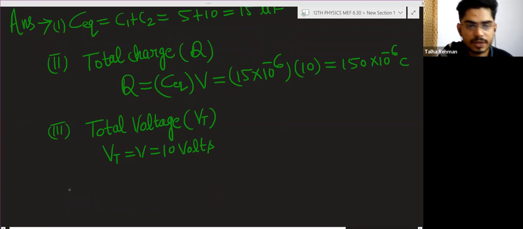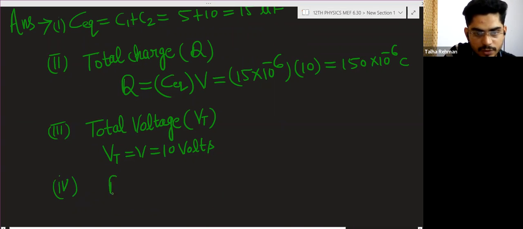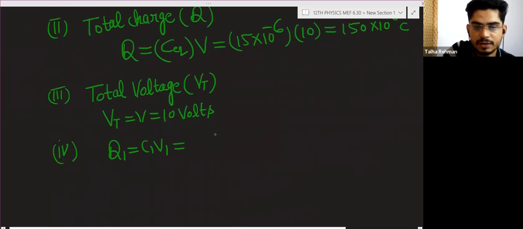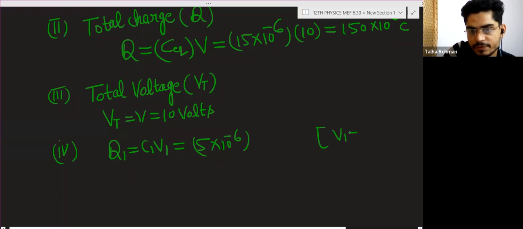So if you want to calculate the charge across each capacitor, Q1 is equal to C1 into V1. What is the value of C1? 5 microfarad, 5 into 10 to the power minus 6. And V1 is equal to V, that is 10 volts.